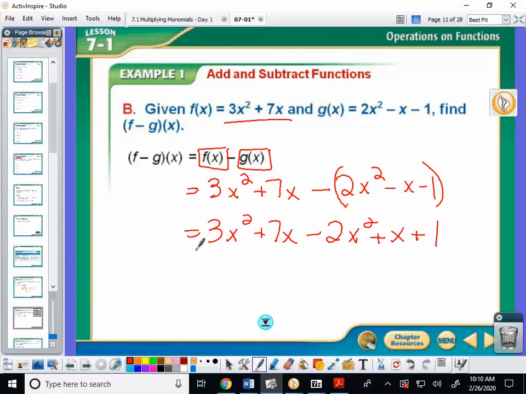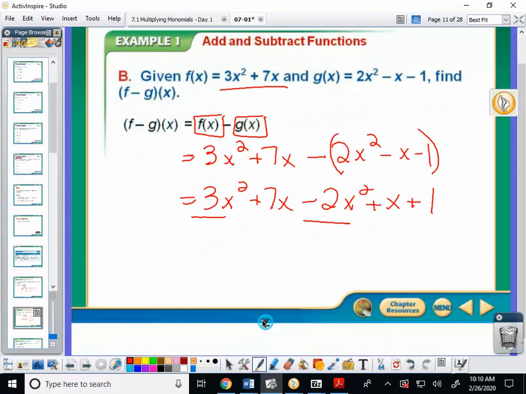We have 3x squared minus 2x squared, which is x squared. 7x plus x is 8x, and then plus 1. So far, is it much different than what we've been doing? No. Polynomials? No. Just the notation is different.